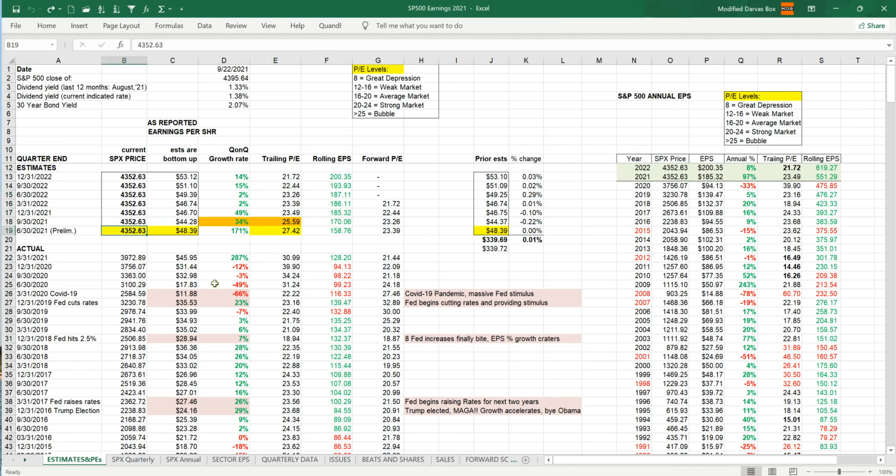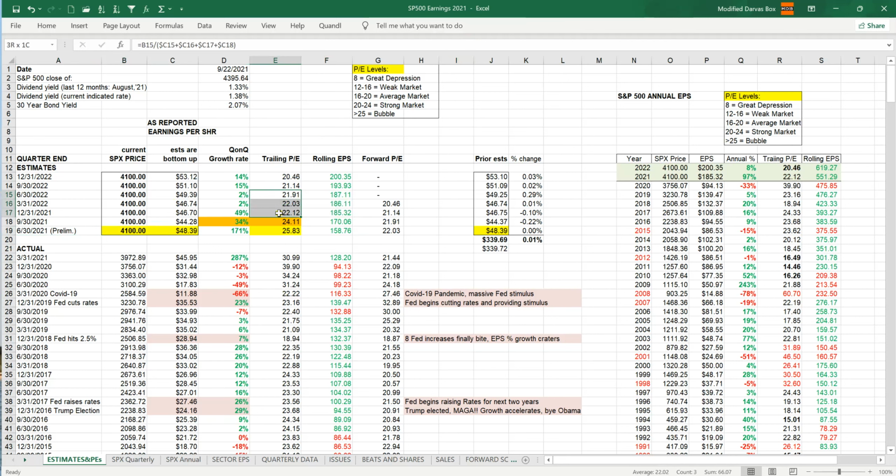So how do we then come up with a target to see where the index might go? We start typing in different numbers and everything changes. At 4,200, PE is about a 22 level. Not bad, but doesn't match. All right, let's drop it again. 4,100.